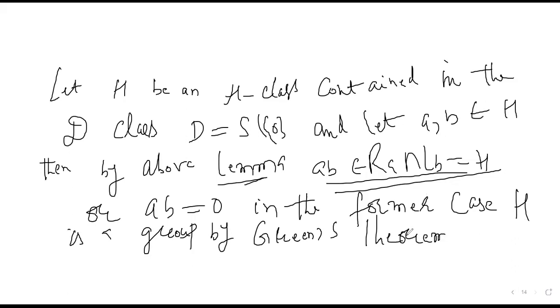If you know Green's theorem, you must have studied it. Green's theorem says that if you have an H class H, then either H square intersection H is empty or H square is H. And H square is H means H is a group. So let me write the theorem statement. Green's theorem.